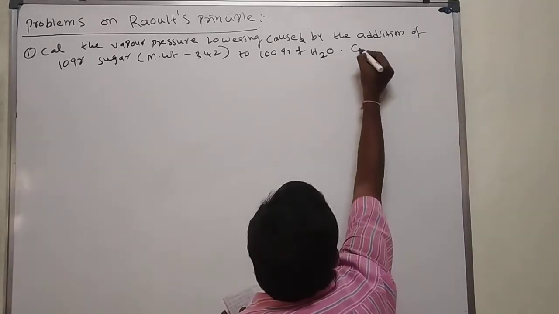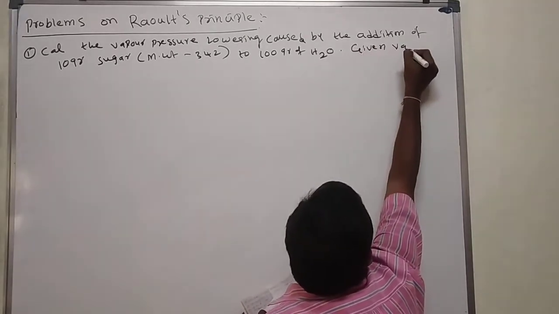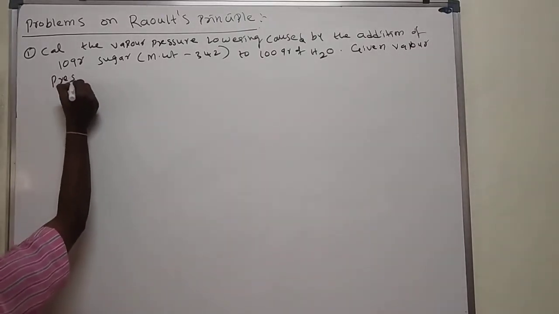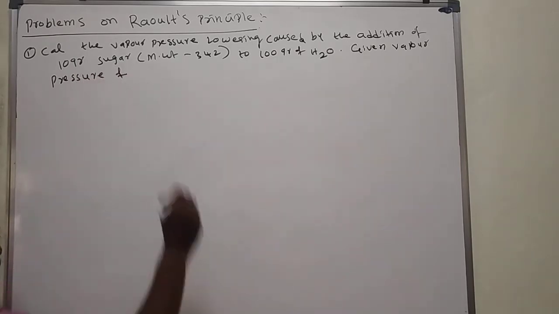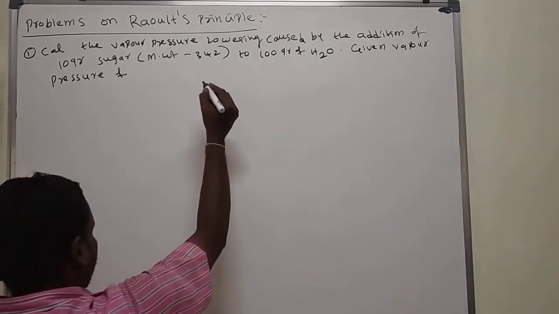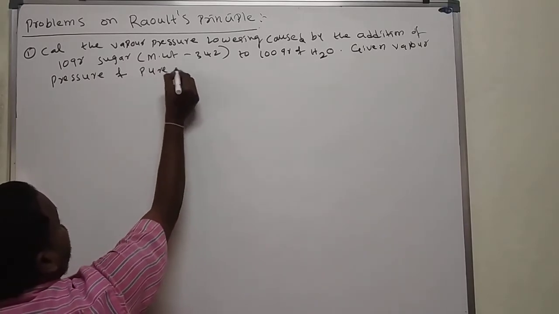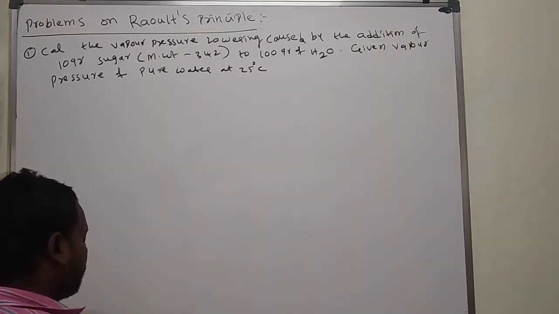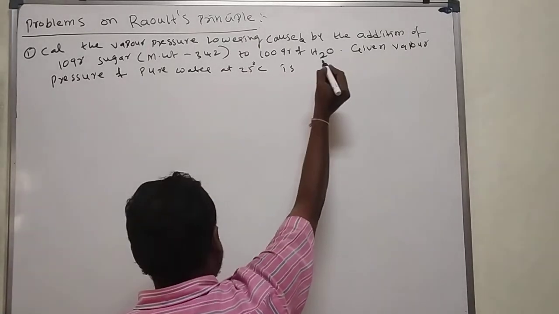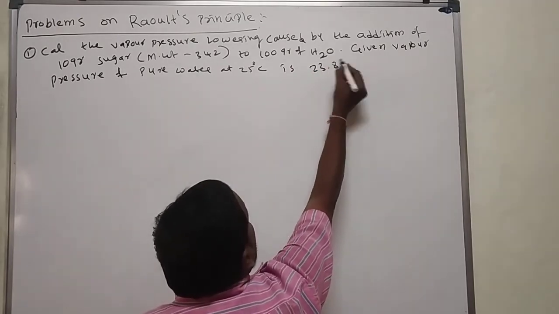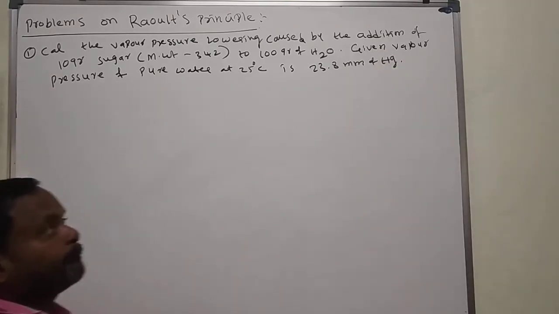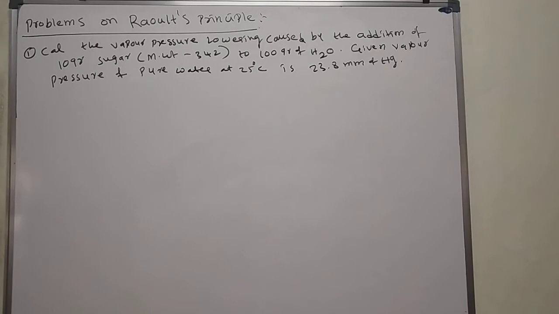Given vapor pressure of pure water at 25 degrees centigrade is 23.8 mm of Hg. Okay, we have data.